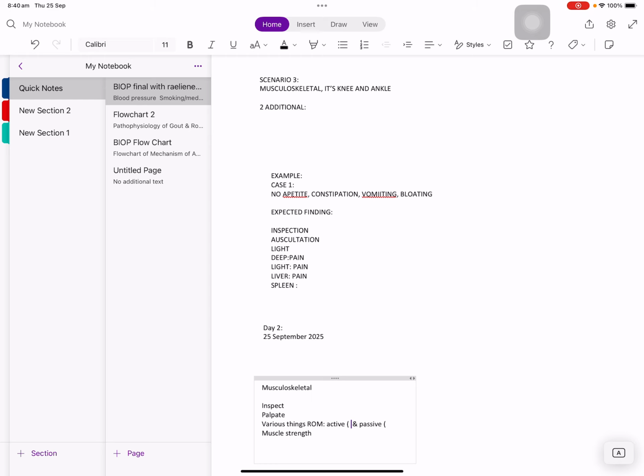Now when we're learning this as a discrete unit, first of all, you've got to know the anatomy, like the origins, insertions, the attachments of all the muscles. And then you've got to know what happens when they contract. That's a good couple of weeks. And then you learn the active and passive ranges of motion.